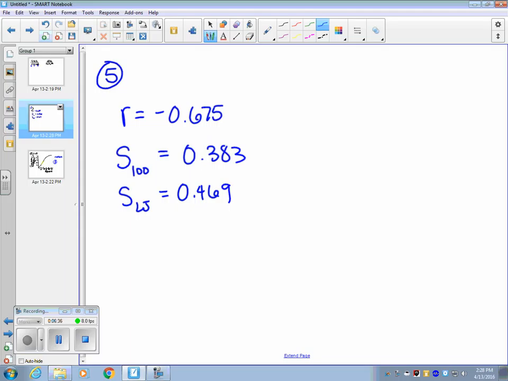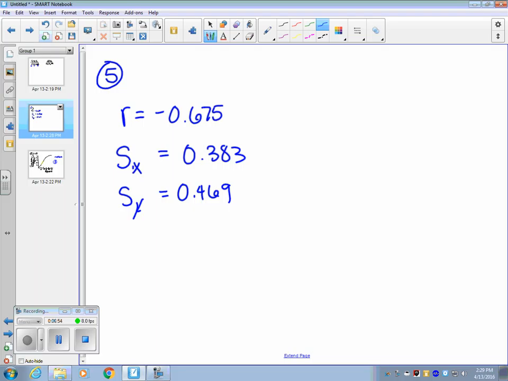And it says that the 100-meter time was x, so we can call this the standard deviation of x, and the long jumps is going to be y, so that would be the standard deviation of y. What is the slope of the least squares regression line?